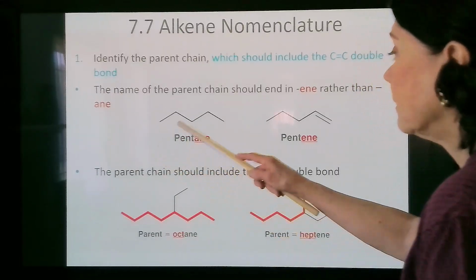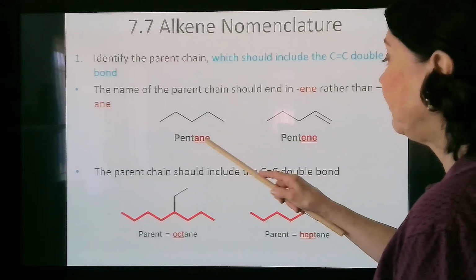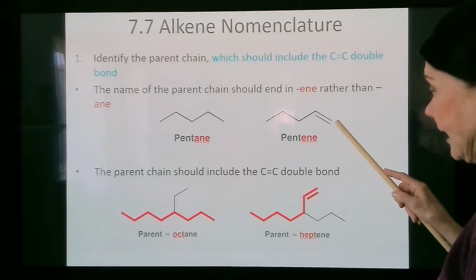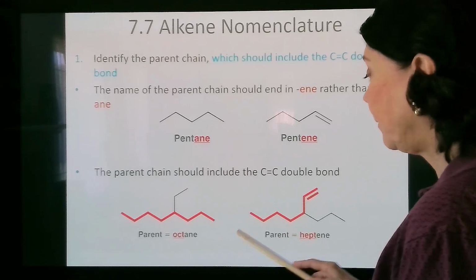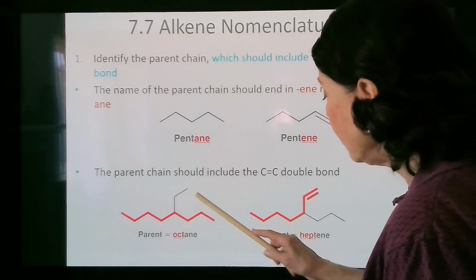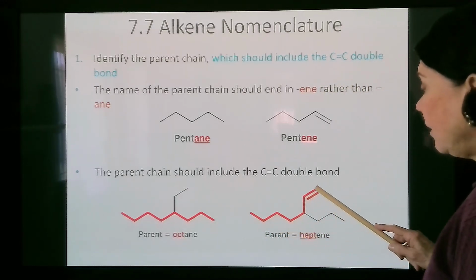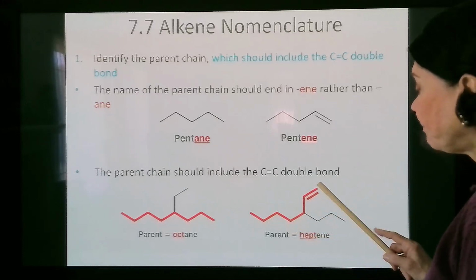So identify the parent chain. So here 5 carbons, it would be pentane, but the ane is replaced by ene if you have an alkene. The parent chain must include the carbon-carbon double bond, so this would be octane. If you put the double bond up here, then it's not going to be octene because the double bond must be included in the parent.